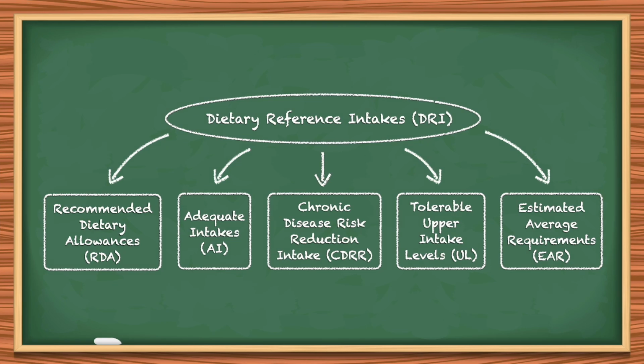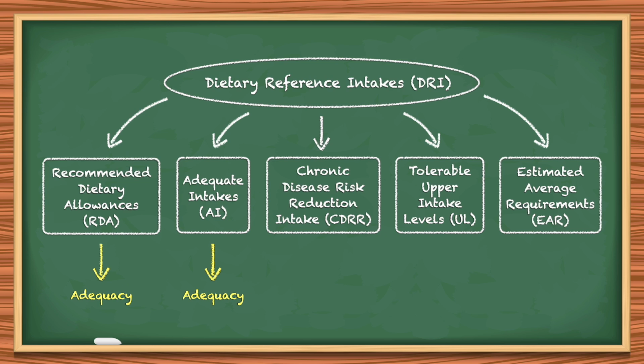Here are the 5 lists that comprise the Dietary Reference Intakes. There's the Recommended Dietary Allowances, or RDA, the Adequate Intakes, or AI, the Chronic Disease Risk Reduction Intake, or CDRR, the Tolerable Upper Intake Levels, or UL, and the Estimated Average Requirement, or EAR.